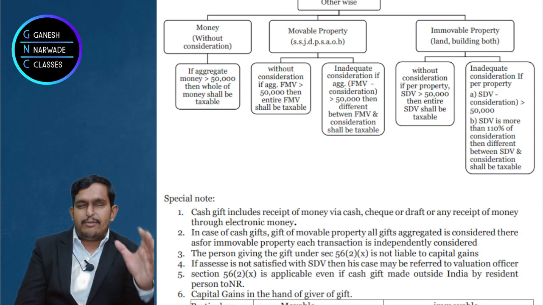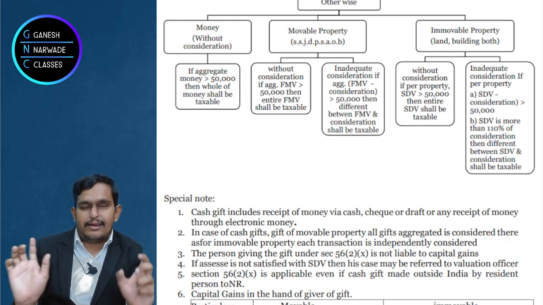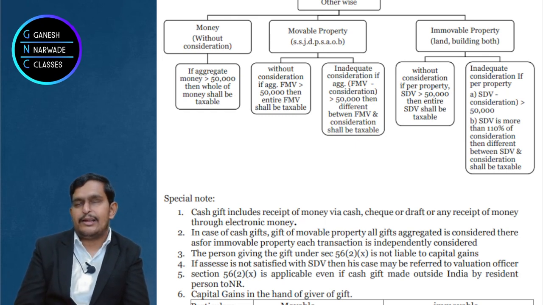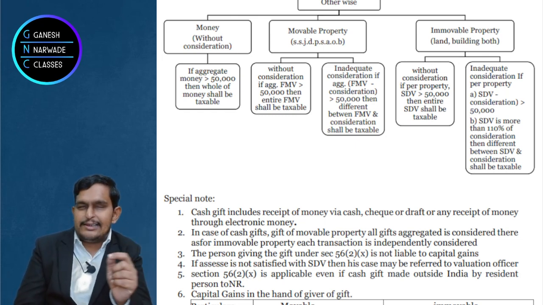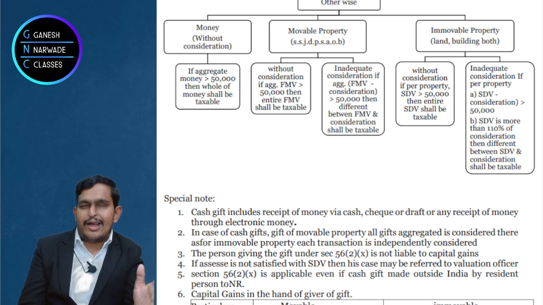That means stamp duty value should be greater than 110% of sale consideration. If both conditions are satisfied, not just one, this is not either-or, this is and: the difference is more than 50,000, and the sale consideration plus 10% compared with stamp duty value, still stamp duty value is more.